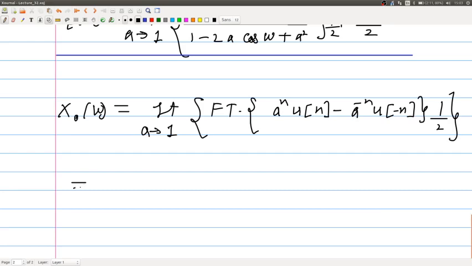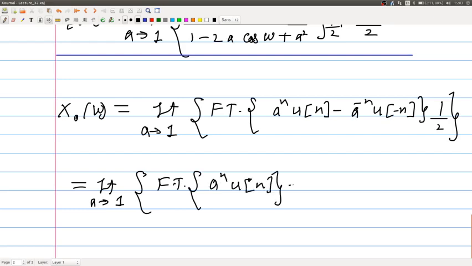So basically limit a tending to 1 Fourier transform of a to the power n u[n] minus Fourier transform of a to the power minus n u[minus n], into half.